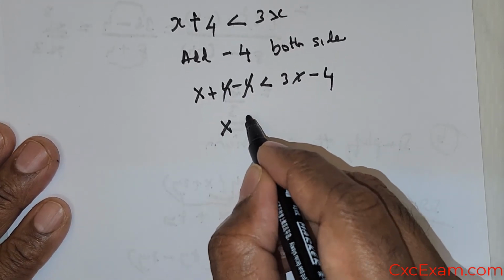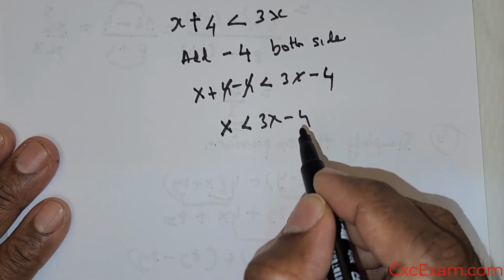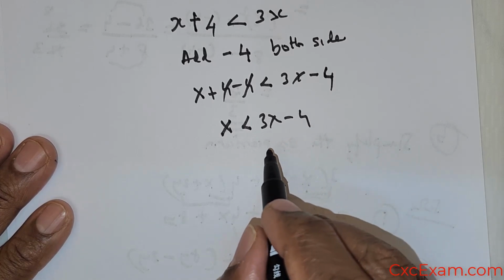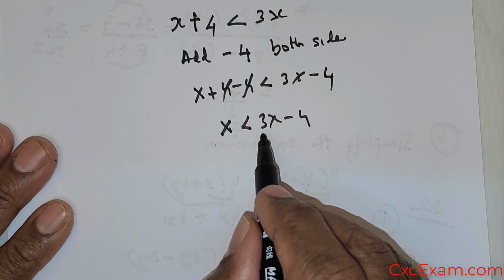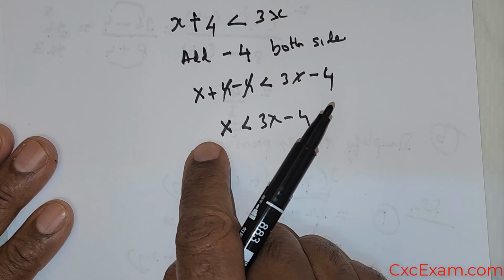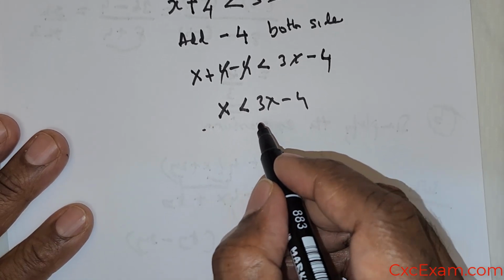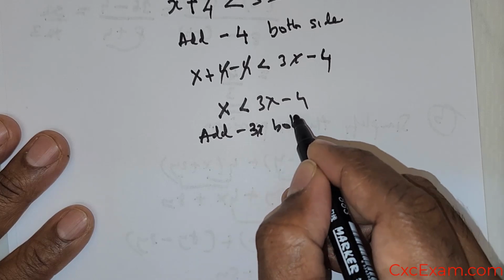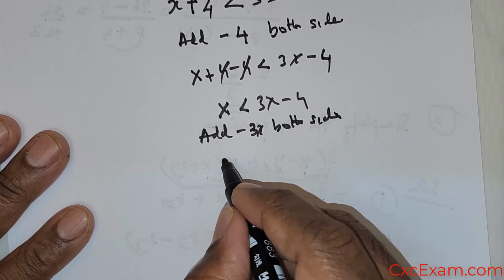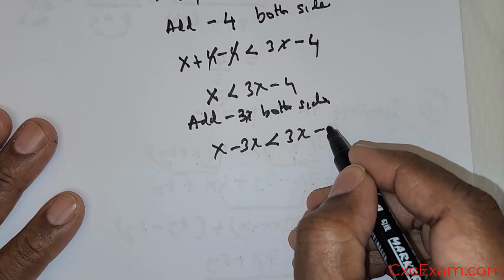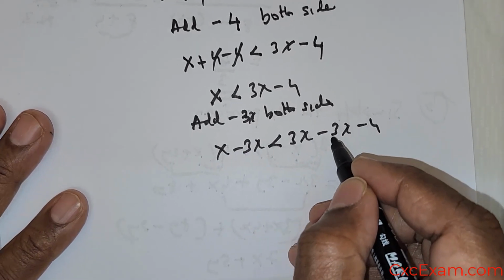So you have x less than 3x - 4. Now I want to bring this x to this side, or I would say 3x to this side. What you do is you add negative 3x to both sides. You have x added with negative 3x less than 3x added with negative 3x, negative 4.